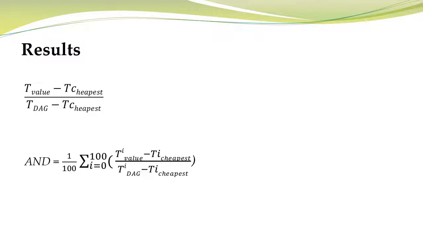As a result, this formula is expected to return a value between 0 and 1, indicating how close the algorithm was to each of the two bounds. Since for each case we take 100 rounds, the average value of the quantity above produces the average normalized difference, or AND, from the worst and the best. That is this formula.